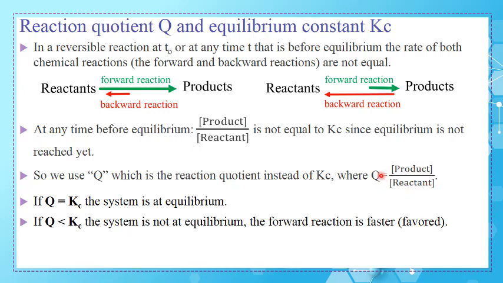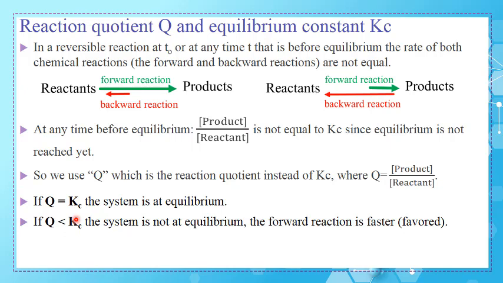So for Q to increase, the concentration of the product has to increase, because in a fraction the numerator has to increase for the whole fraction to increase, and the denominator has to decrease. So in which direction will the reaction move in order for Q to increase? Actually, it would be in the forward direction. So the forward reaction will be faster, more product will be formed, and then Q will increase to become equal to Kc.